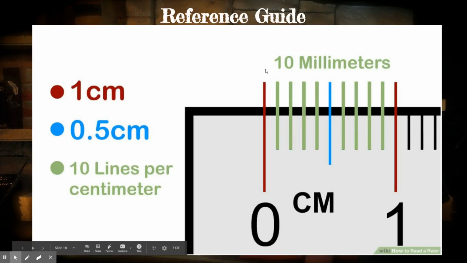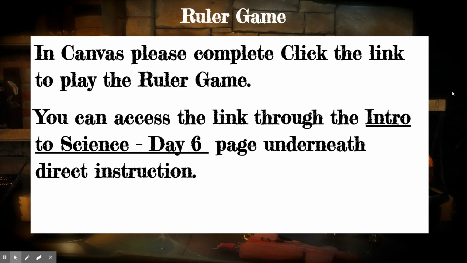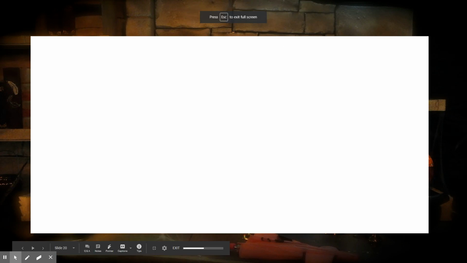Hopefully by now you know that 10 millimeters equal 1 centimeter, and you can measure both on a metric ruler. Once you're done with that, you can play the ruler game. You can access this link in Intro to Science, Day 6, underneath direct instruction.